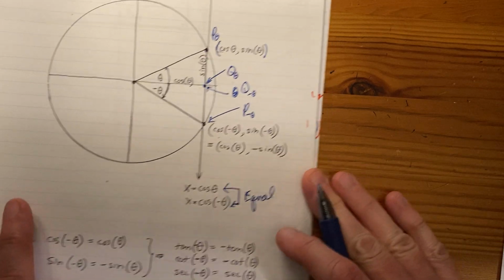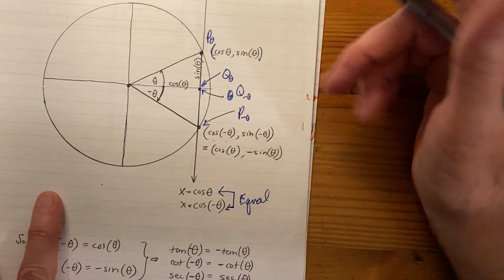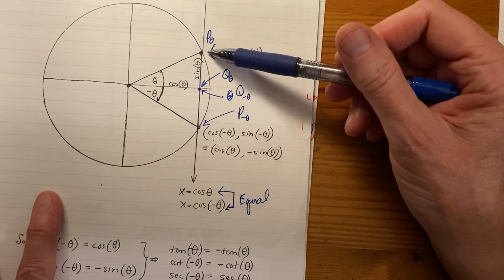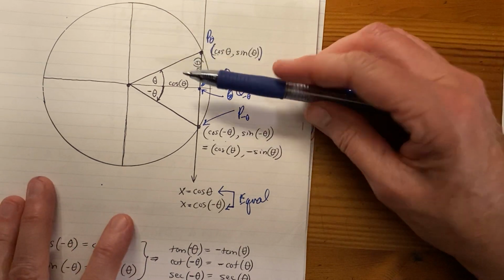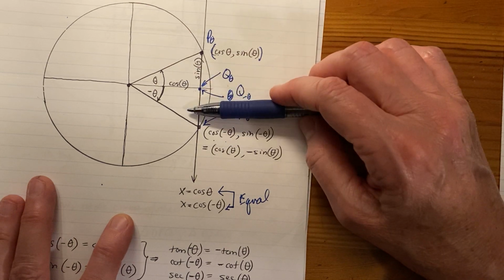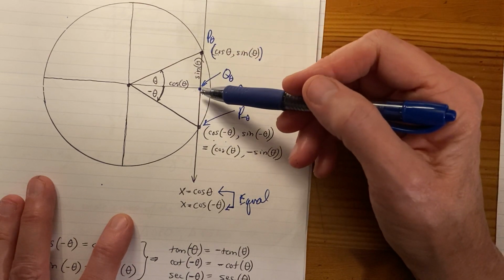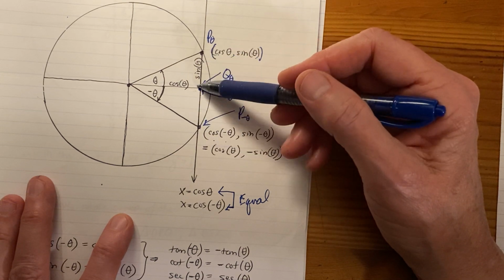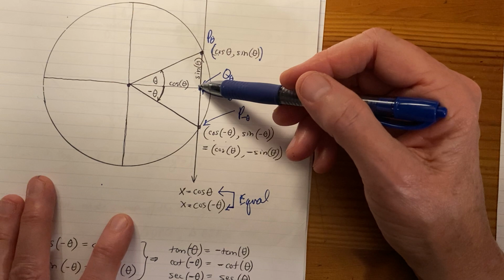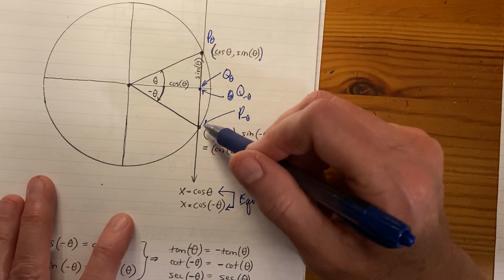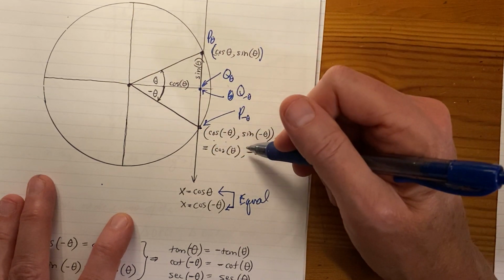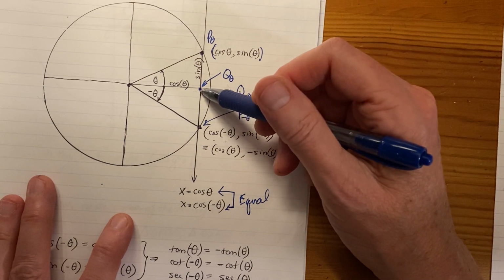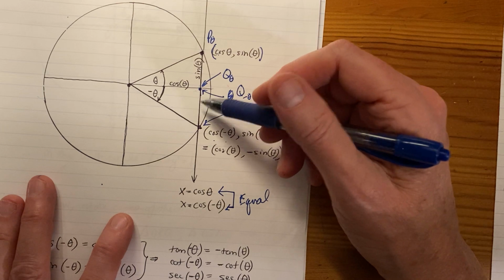For sine, it's opposite. So here the second coordinate is the sine of theta. If you buy that these two triangles are similar, then the length of this segment right here must be equal to the length of that segment there. Mind you, the coordinates of this point, because we're in quadrant 4, would not be equal to this length, but its opposite.